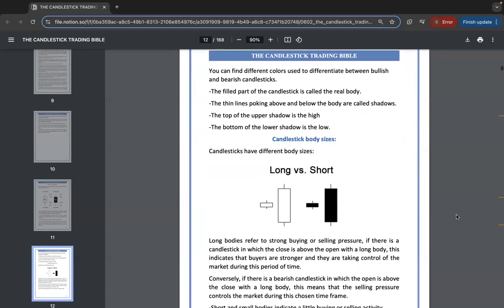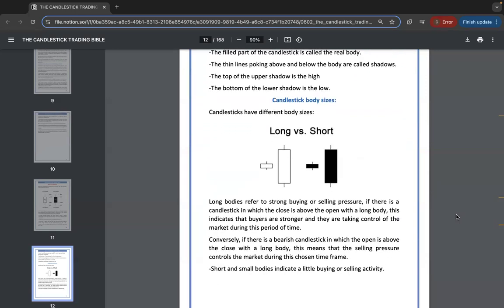Candlesticks have different body sizes, long versus short. Long bodies refer to strong buying or selling pressure. If there is a candlestick in which the close is above the open with a long body, this indicates that buyers are stronger and they are taking control of the market during this period of time.